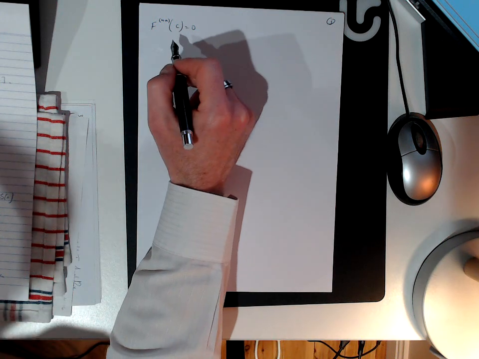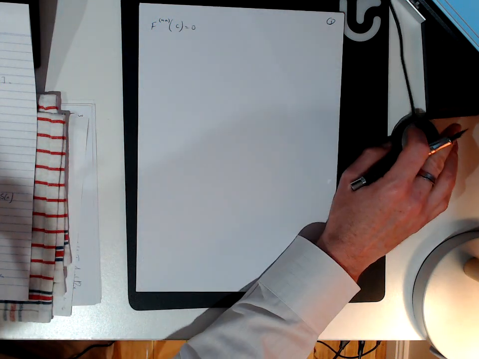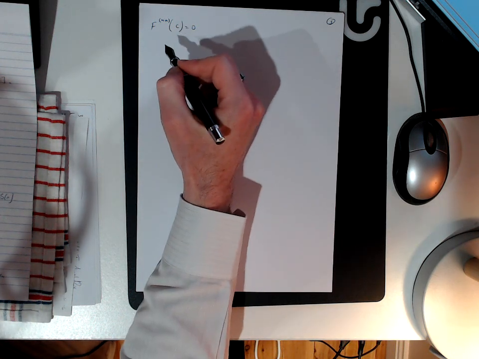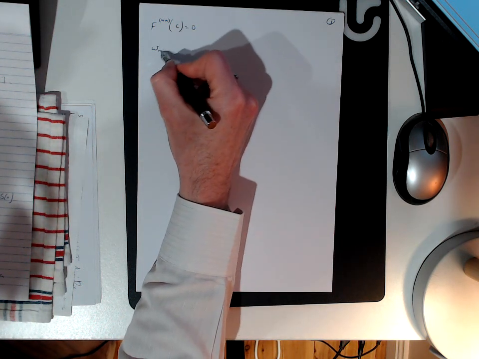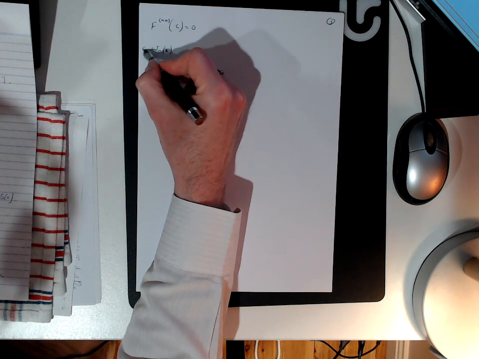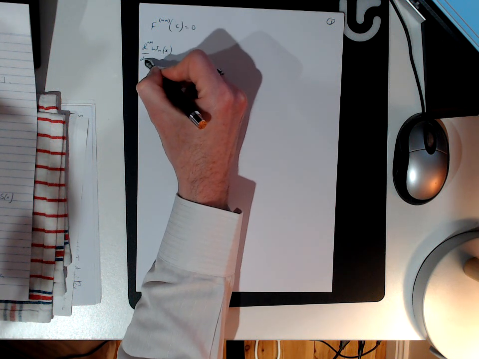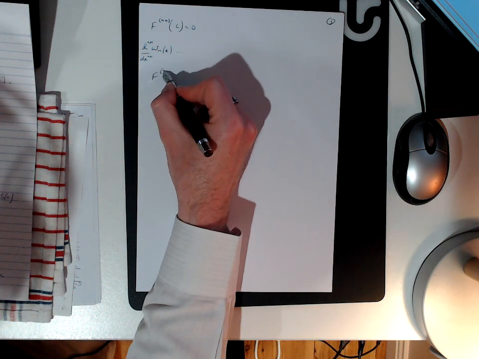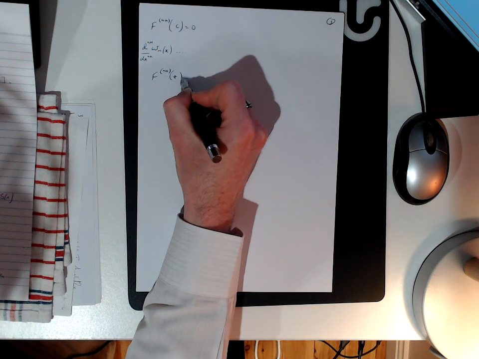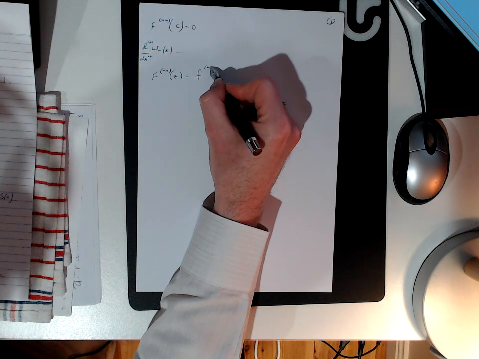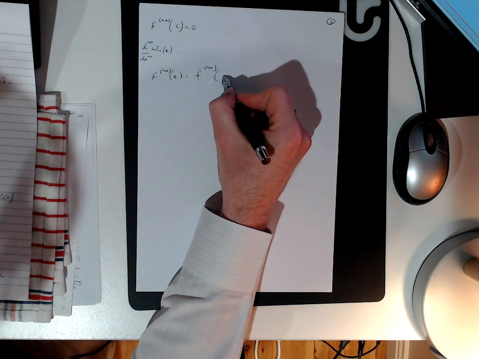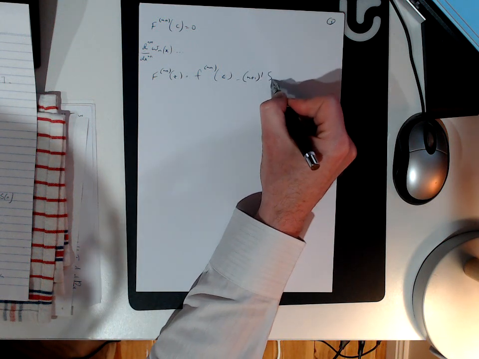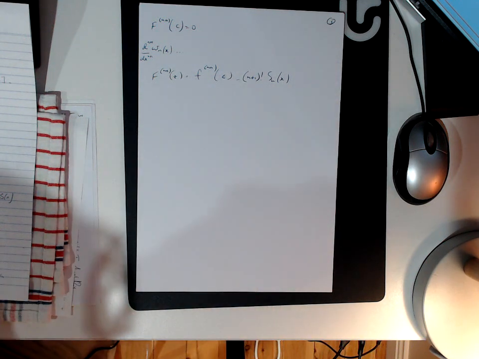The n plus 1 derivative of a polynomial of degree n is going to be 0. And when you think about what this thing is, the answer becomes the n plus 1 derivative of our function at z minus n plus 1 factorial Sn at x.